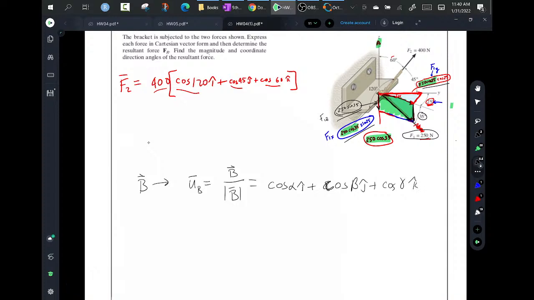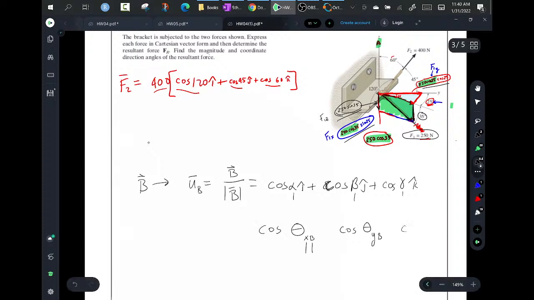Some books, not ours, list it like this: cosine of theta x, the angle between x and the B vector, cosine of the angle between the y and the B vector, and the cosine of the angle between the z and the B vector.